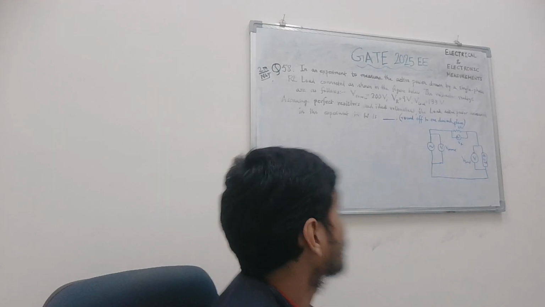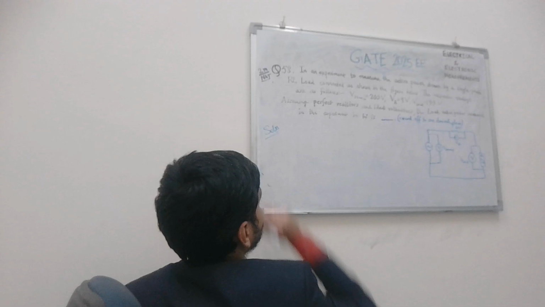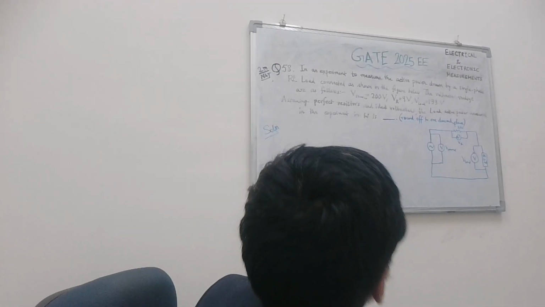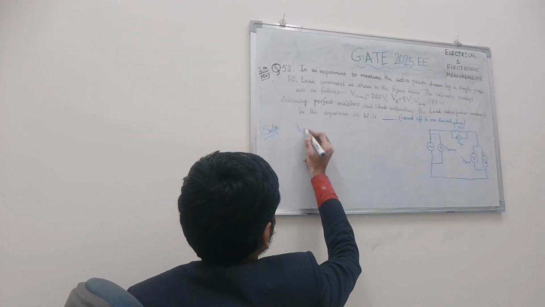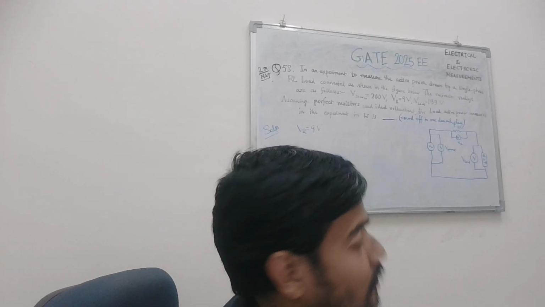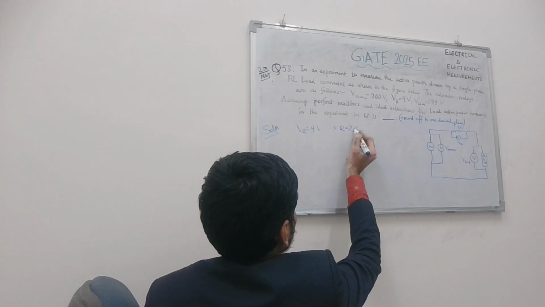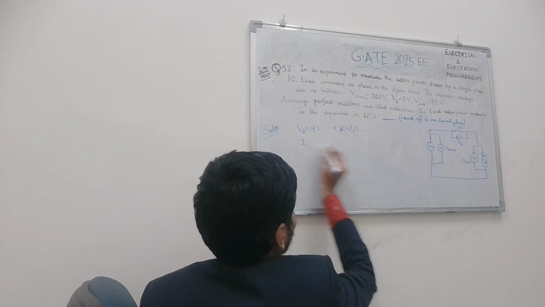Let's move to the solution. Now, it is given the voltage across the resistor is 9 volt. The resistance R is 2 ohms. So from that we can infer the current in the series circuit.